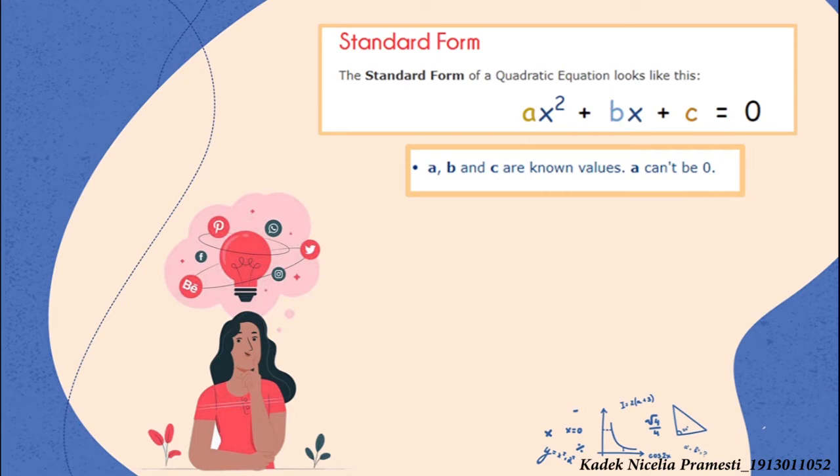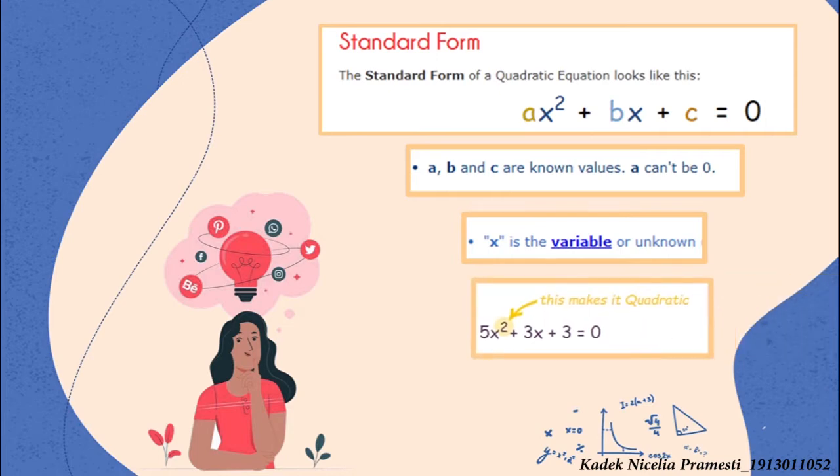Remember this, a can't be 0. x is the variable or unknown. We don't know it yet. Okay, an example of a quadratic equation is 5x squared plus 3x plus 3 equals 0. This x squared makes it quadratic.